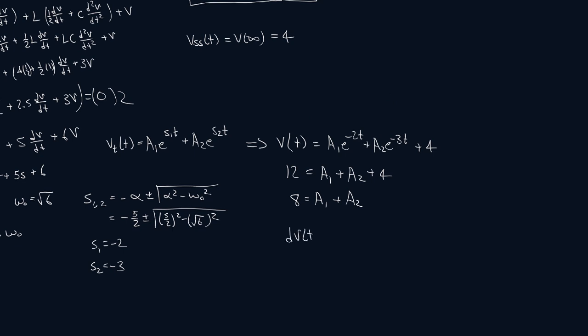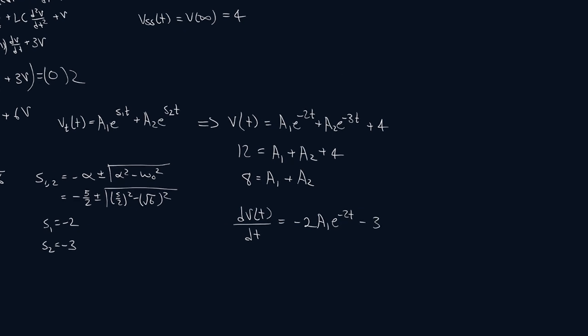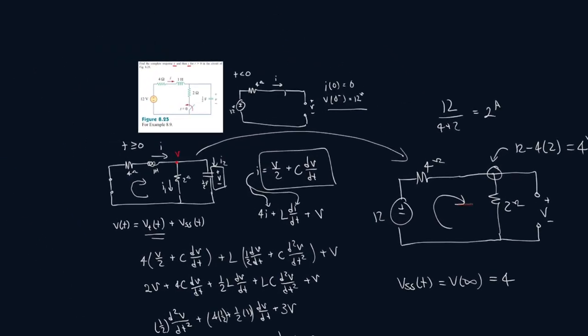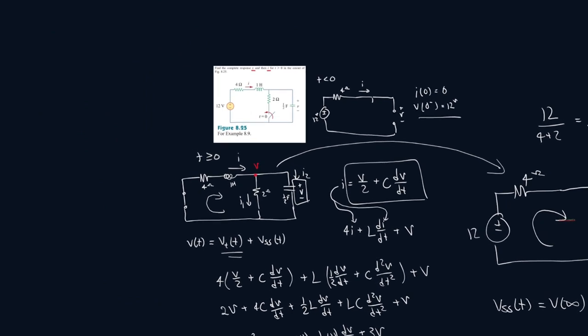So dvt over dt equals minus 2a1e^(-2t) minus 3a2e^(-3t). And we have to find dv over dt at a specific point. So what we do know is the following.